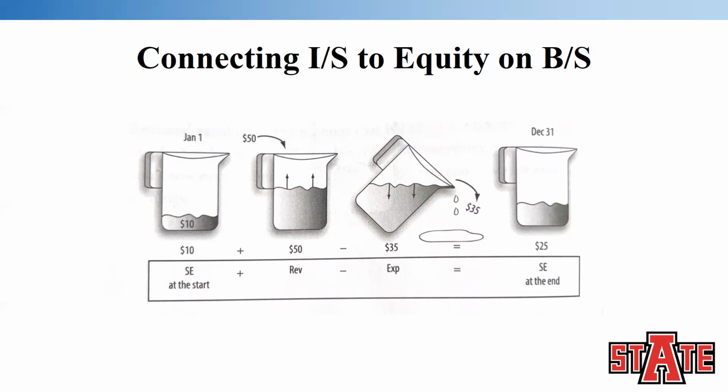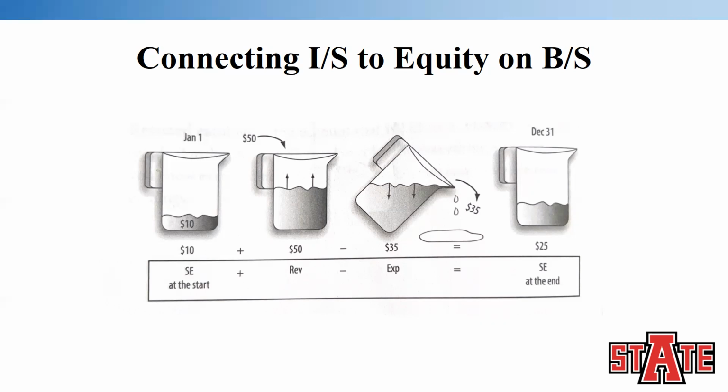On January 1, this company, if you recall, had a balance sheet that showed shareholder equity at $10. Now, over the course of the year, good things happen. We earned $50 in revenues, let's say. And if we have $35 in expenses, that takes us to $15 in additional retained earnings, right? 50 minus 35 is 15. 15 plus 10 is 25.